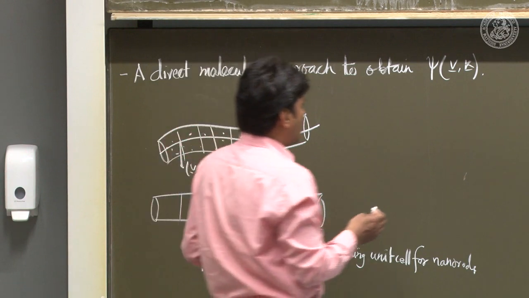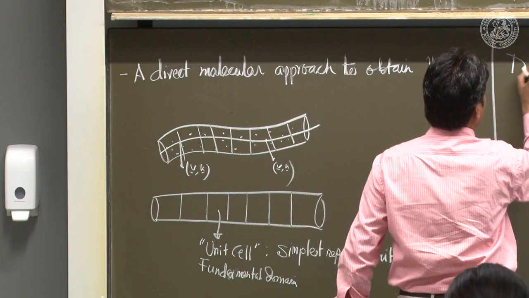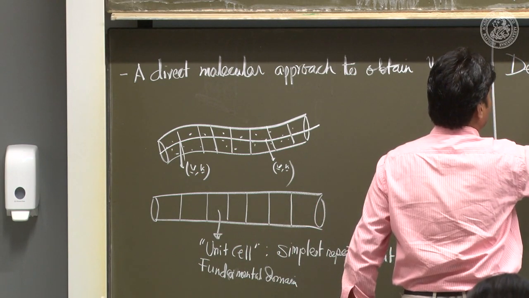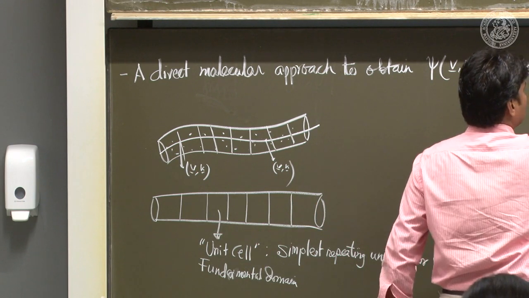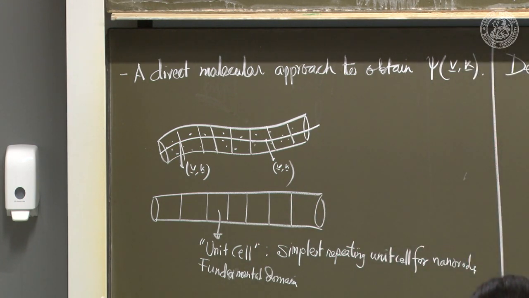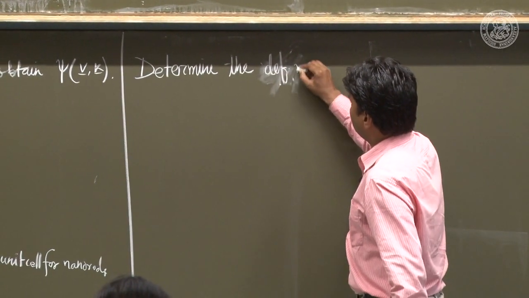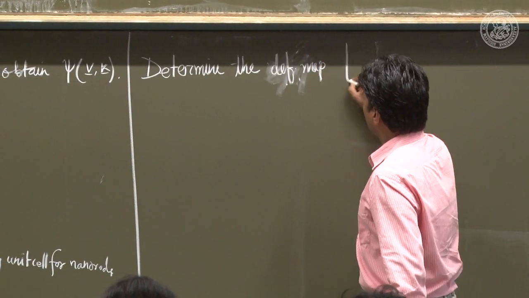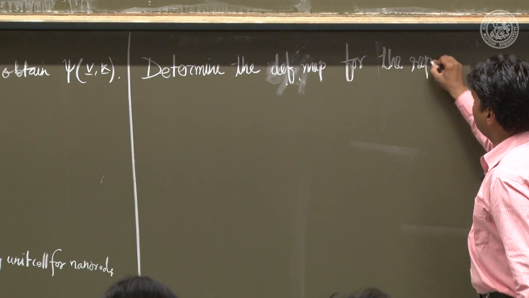So, we would actually want to determine the map, which is actually your deformation map, for the repeating boxes.